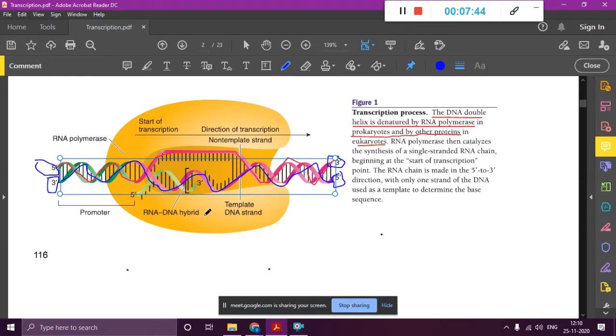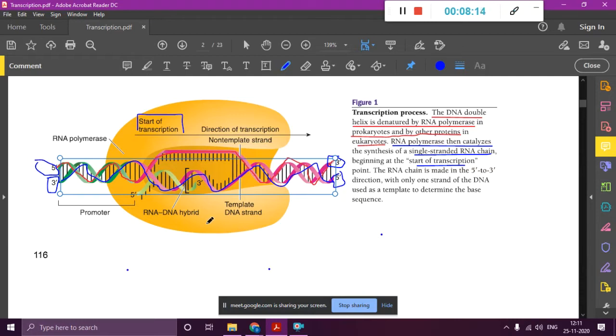RNA polymerase then catalyzes the synthesis of a single stranded RNA chain beginning at the transcription start site. So there is also a transcription start site. This place is where the start of transcription takes place.